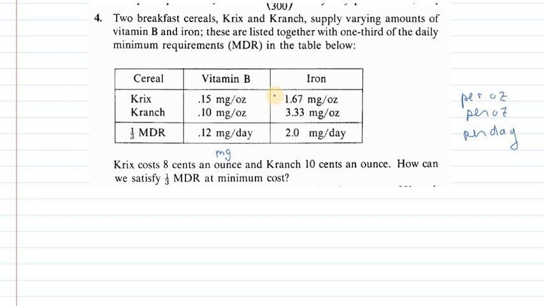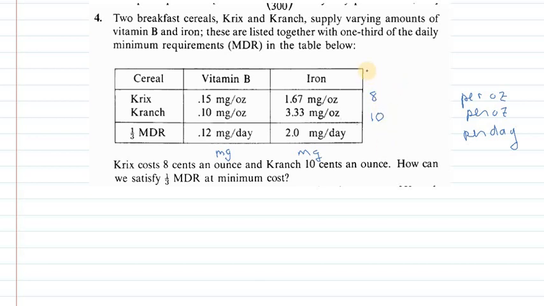Now what about the minimization information? Crix costs 8 cents per ounce, Crunch costs 10 cents per ounce. So obviously 8 has to go for Crix, 10 has to go for Crunch. All right, now I've already got the per ounce here, and this is mg. So the only units I don't have are the units for the dollars here, units for the column here.